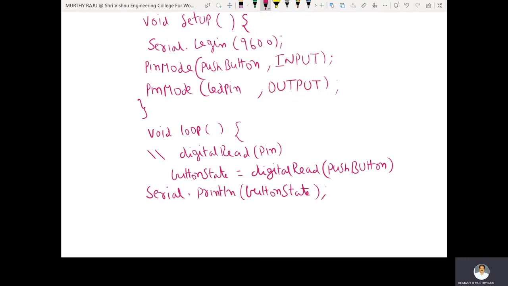If button state means either pressed or unpressed. Pressed means high state. By using this one, button state high, that means pressed case.